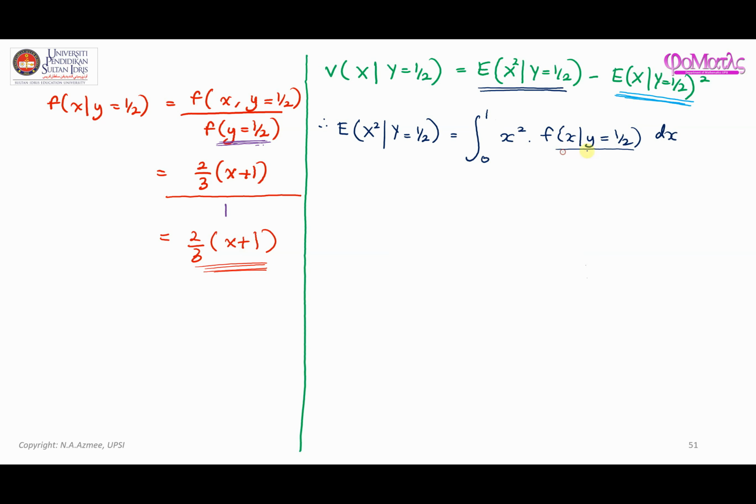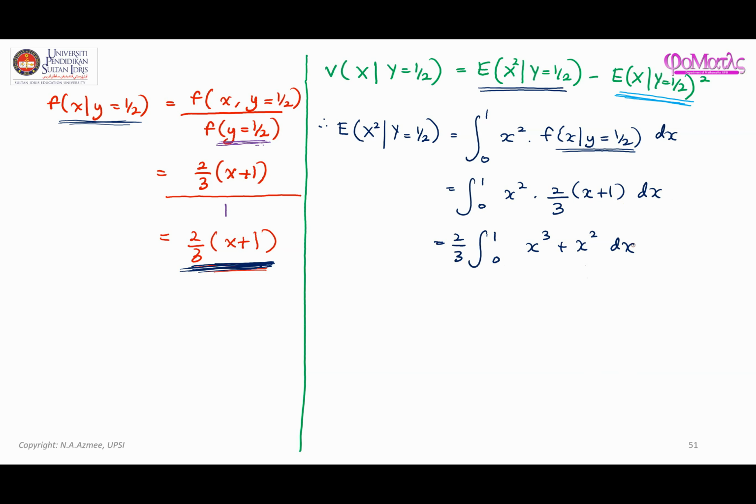This is the same conditional density we obtained when finding the conditional mean, so we plug it in next to x squared: 2 over 3 x plus 1 dx. 2 over 3 is a constant, we can take it out, and then x squared times x plus 1 gives x cubed plus x squared dx.